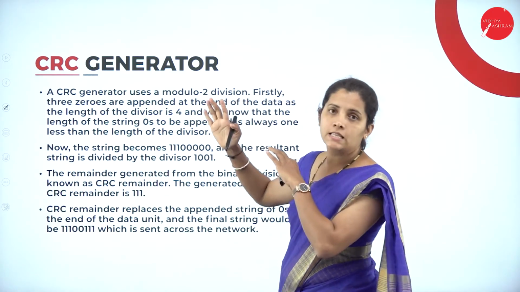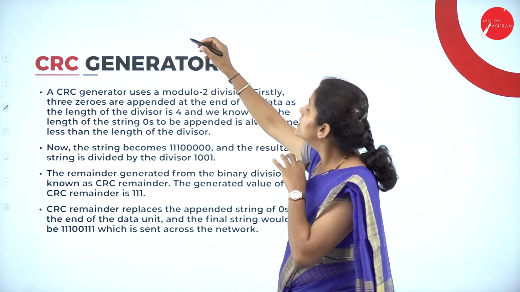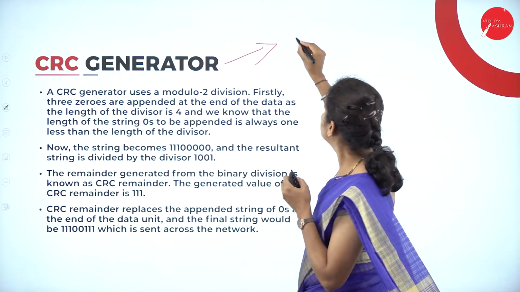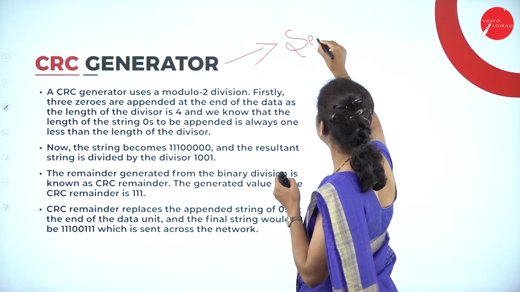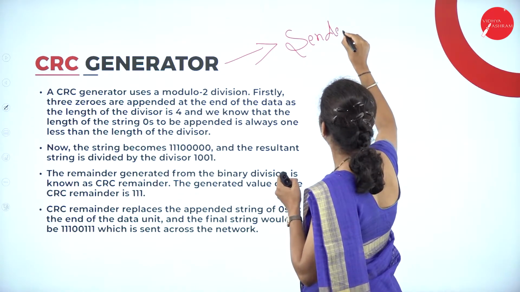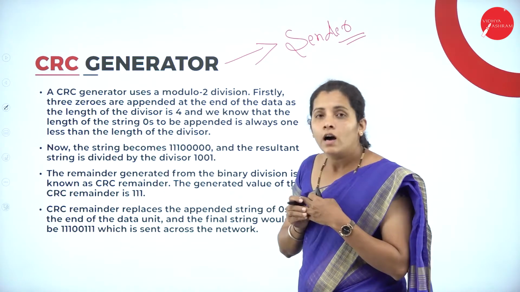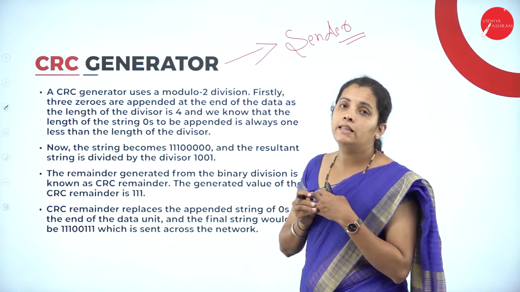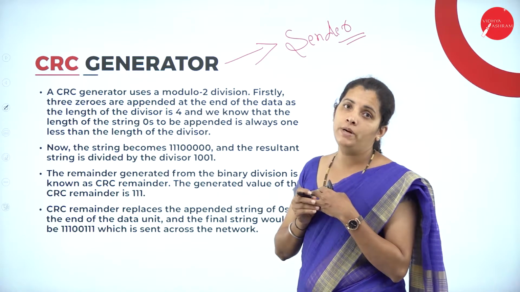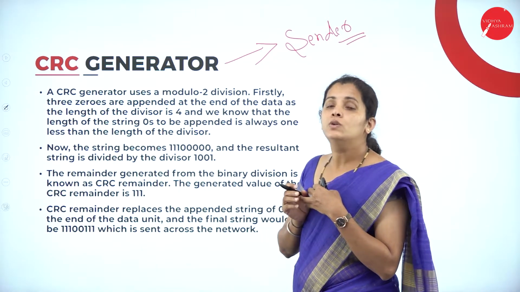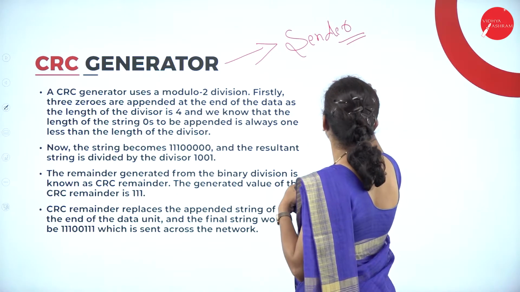In the CRC generator, which is done on the sender side, these are the sender side activities. So what do I want to do at the beginning? I want to calculate the appended 0 bits. So what is the first step?